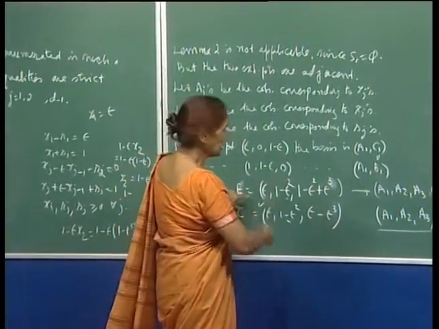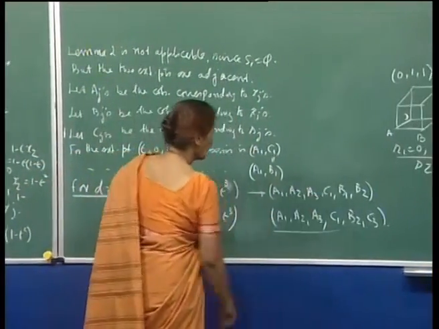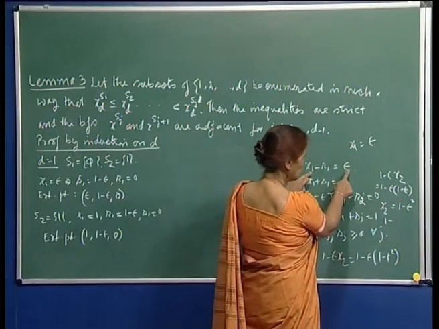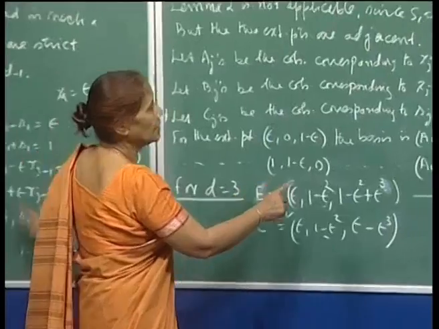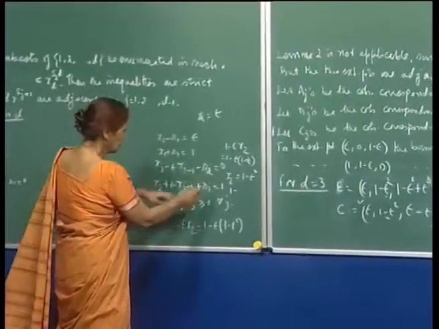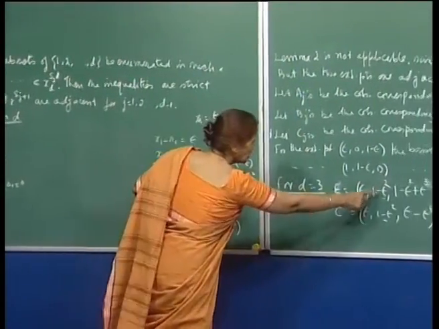Then for the point E, I am trying to show you here again. R 1 is 0, therefore x 1 is epsilon. Then you again have R 2 and R 3 in the basis, so S 2 and S 3 are 0. If S 2 is 0, you immediately get 1 minus epsilon square, which is okay.